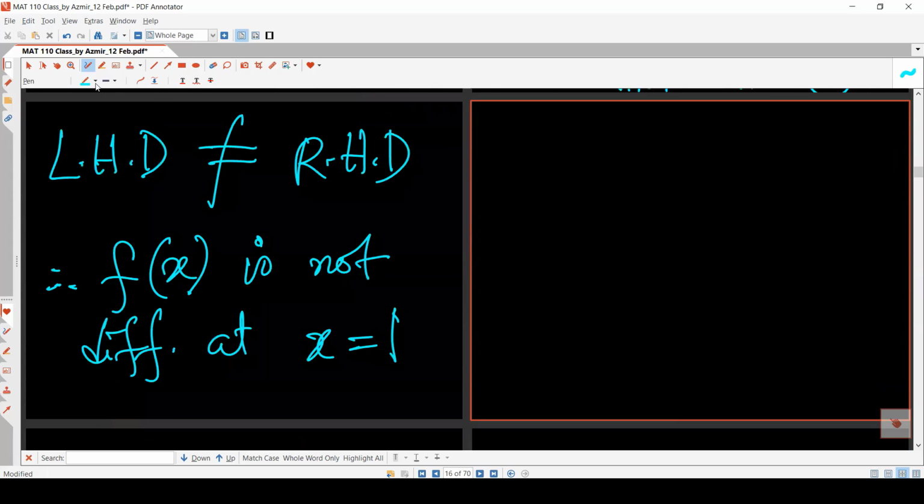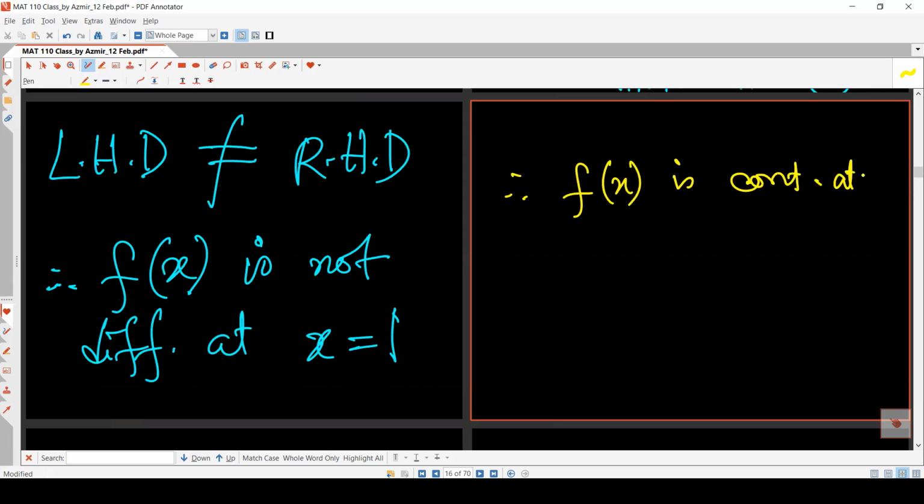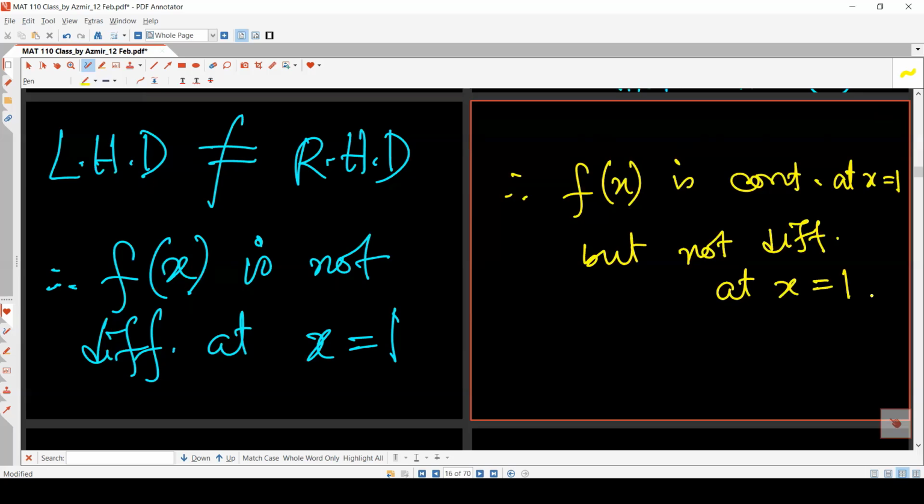The summary is the given function f of x is continuous at x equals 1, but not differentiable at x equals 1. So this is how we can check continuity and differentiability.